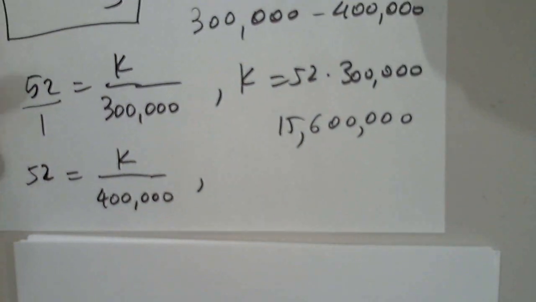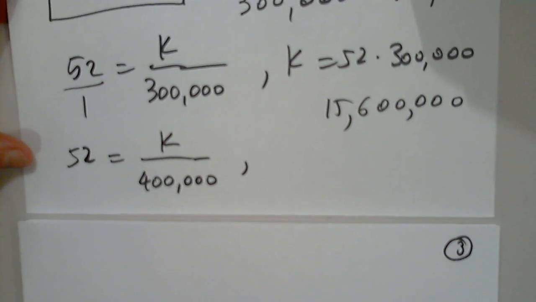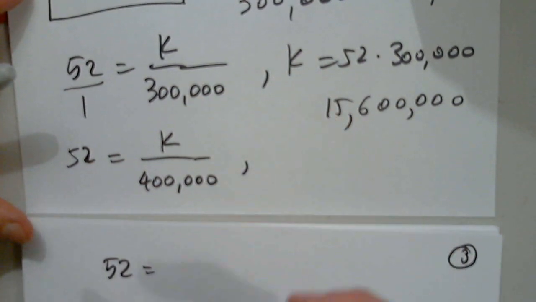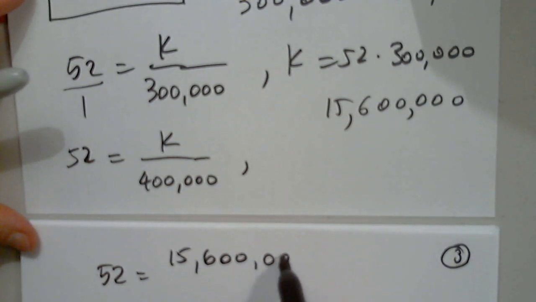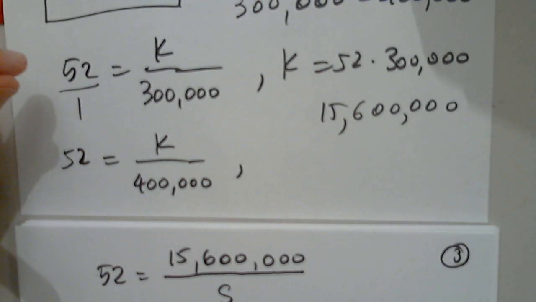So 52 equals K, which is 15,600,000 divided by S. They're not giving us inversely proportional. What was his law? That's all he says.